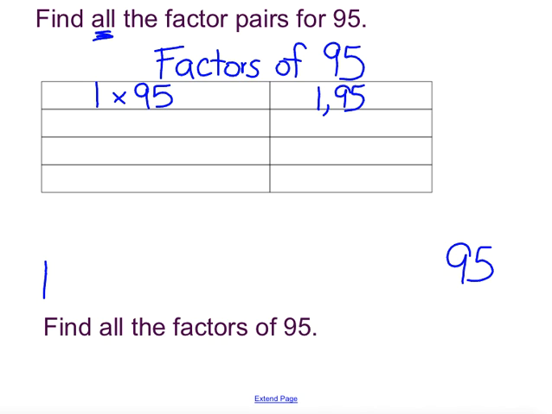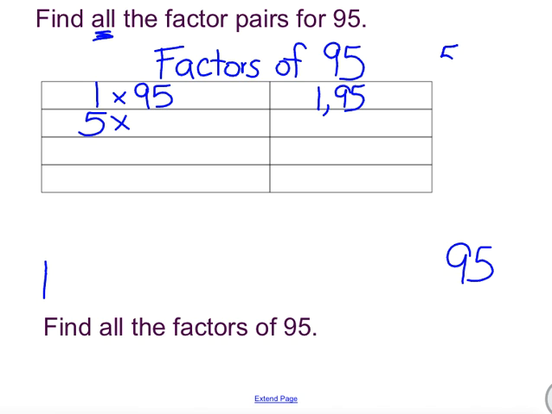So I know that it is divisible by 5. I have to do the division work anyway because I have to find another factor. So I know it's 5 times something. I just don't know that yet.